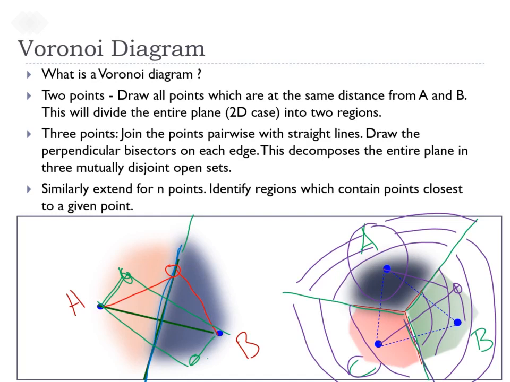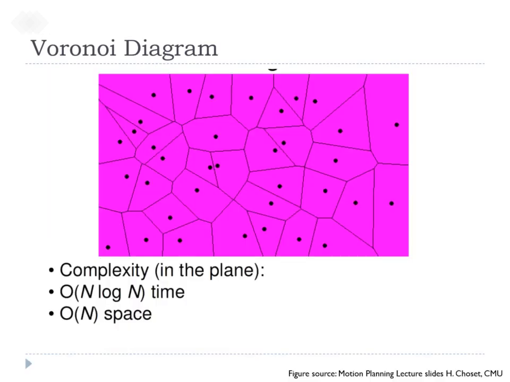This is an example of a Voronoi diagram, having several vertices, as you can see. Each region in which a vertex belongs contains all those points which are closest to this vertex than any other point.